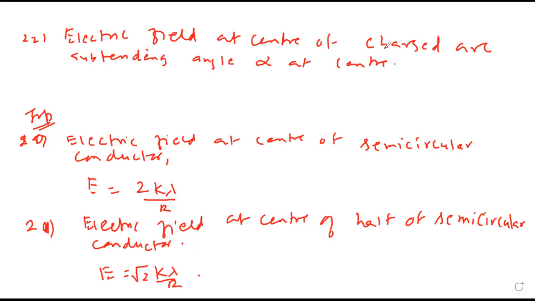Now this is valid for semicircle and quarter circle alike. It is given by E equals 2k lambda by r into sine of half of the angle. That means if it is a semicircle, angle is 180, sine of 180 upon 2 is sine 90, which is 1, so 2k lambda by r. If it is a quarter, then angle is 90, so 90 by 2 is 45, sine 45 is 1 by root 2, so root 2 k lambda by r.